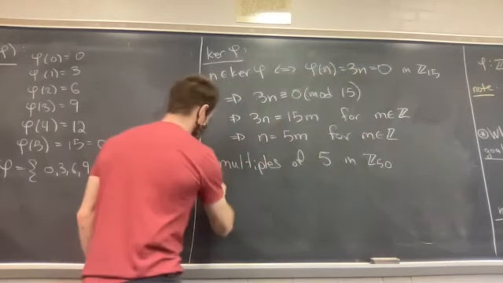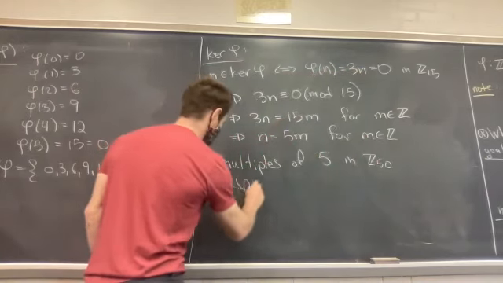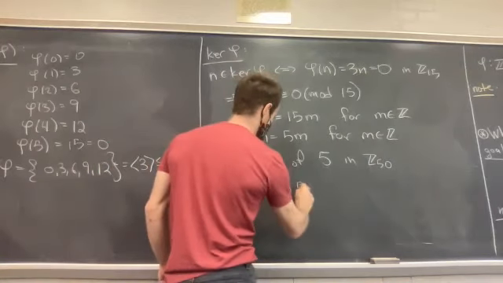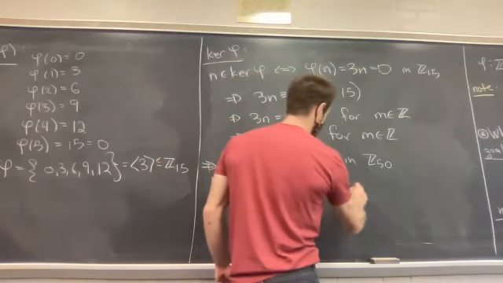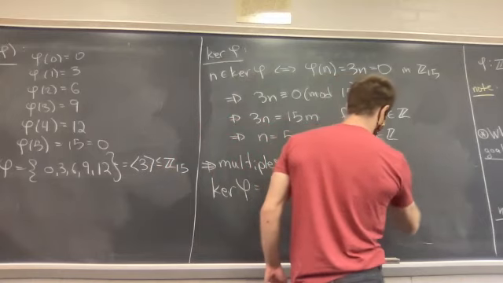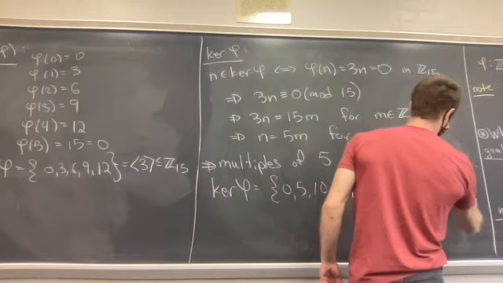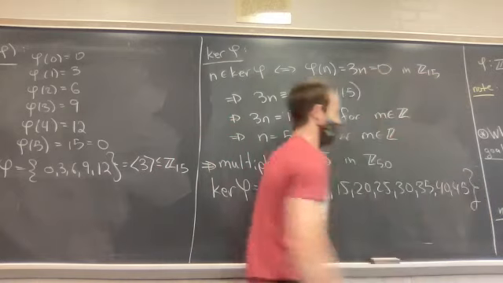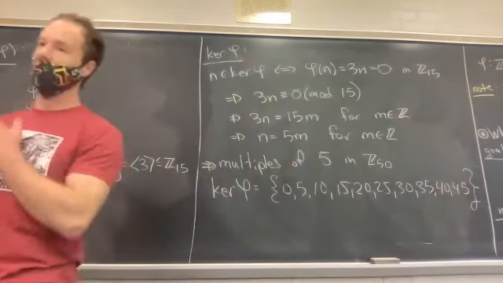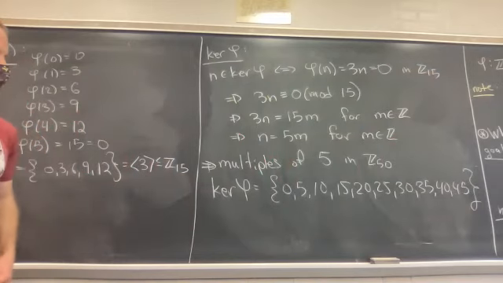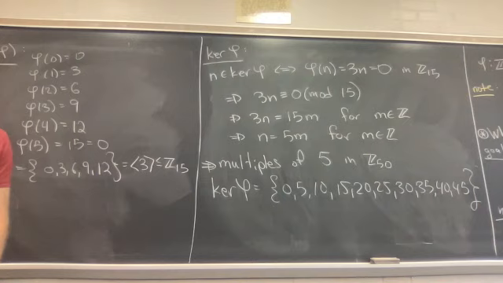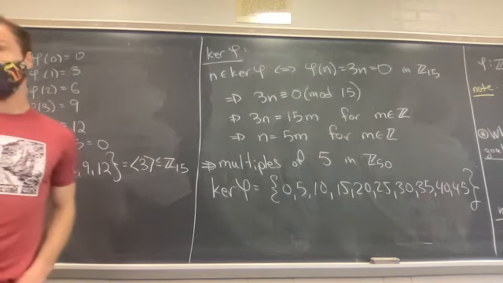So the kernel of phi is going to be equal to 0, 5, 10, 15, 20, 25, 30, 35, 40, 45, and then we don't need 50 because 50 is 0 again. So that's that. We've got the kernel.